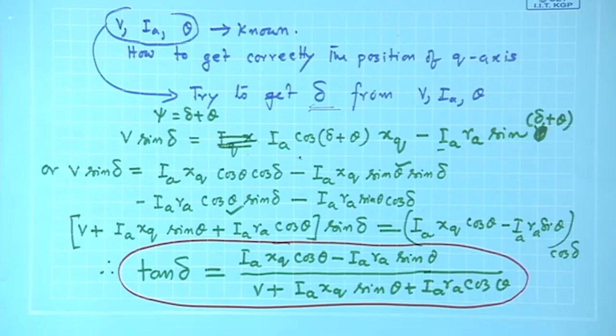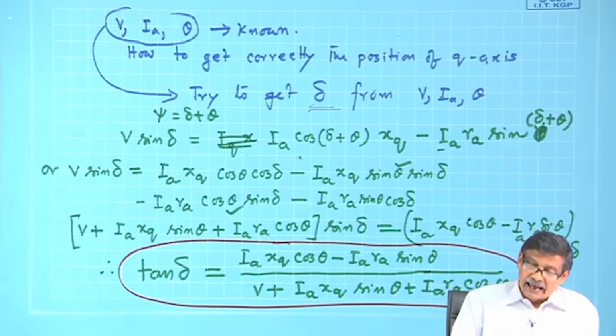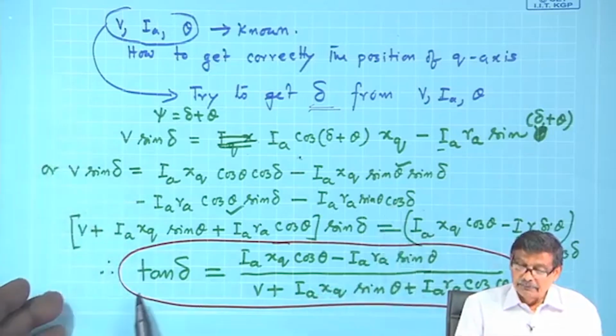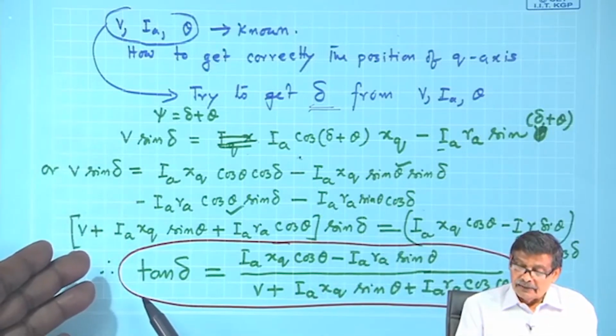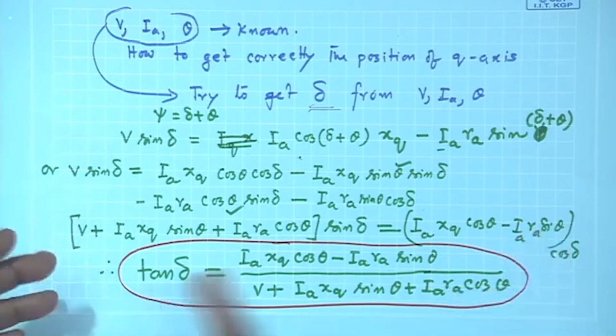Therefore, if I say a salient pole synchronous generator is delivering 10 ampere current at a power factor angle of lagging 30 degree, and xd, xq and Ra values are given, then before starting to draw the phasor diagram I can calculate tan delta, hence delta, by tan inverse of that.